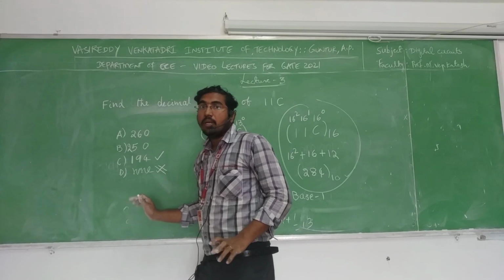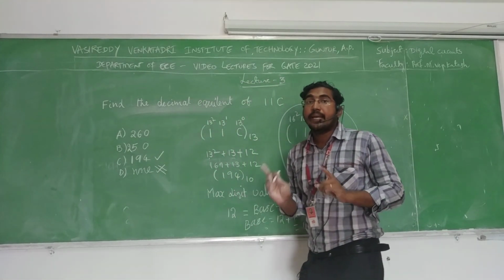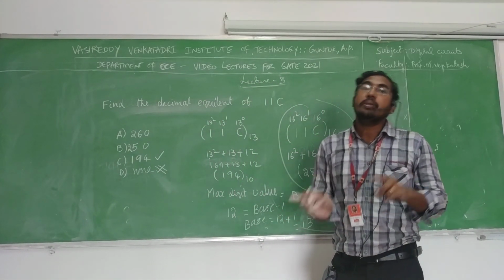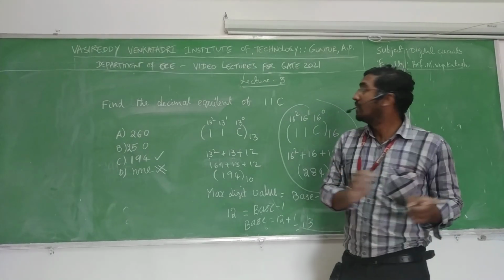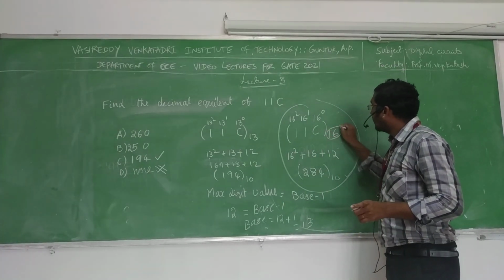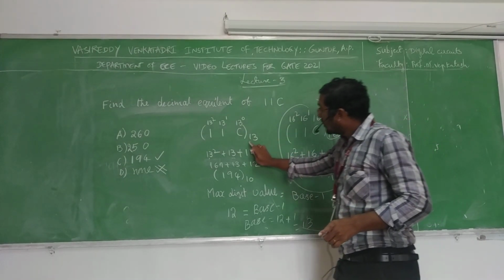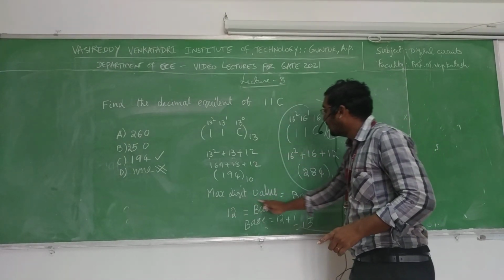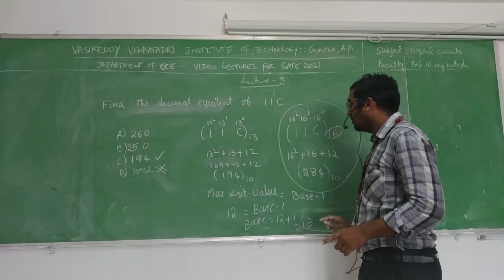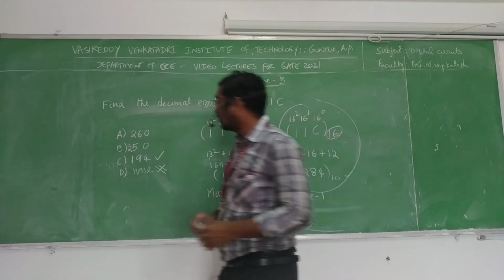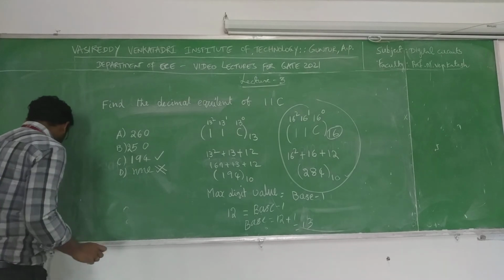Be careful. When you arrive at none, try to think of the same problem with another approach, because we made an assumption of 16. So this is a made up assumption, and this is the relationship between maximum digit value and base. So the answer is 194.